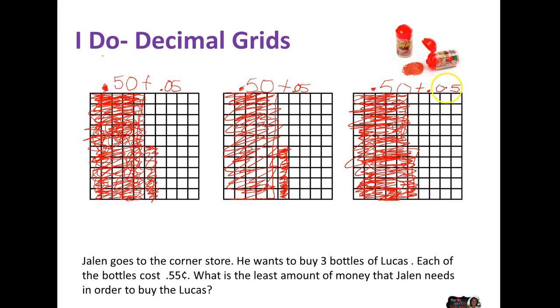So we know that we're just saying that it's half of a decimal grid. We knew that he needed at least $1.50. So if we're adding 15 cents, we know that it's going to cost $1.65. So the least amount that he needs is $1.65 to buy the Lucas.